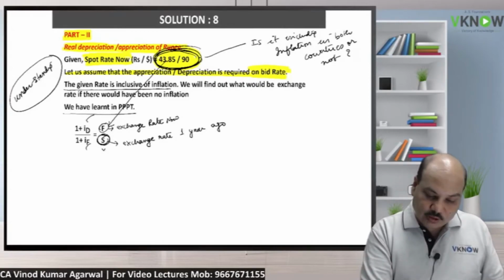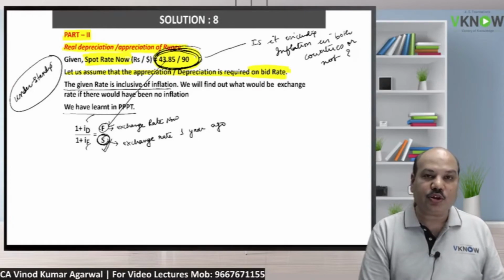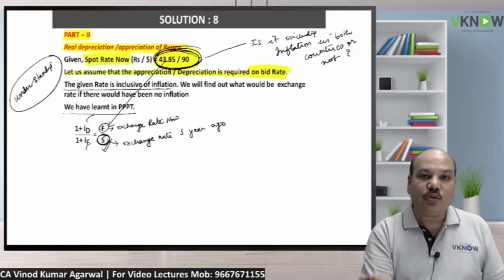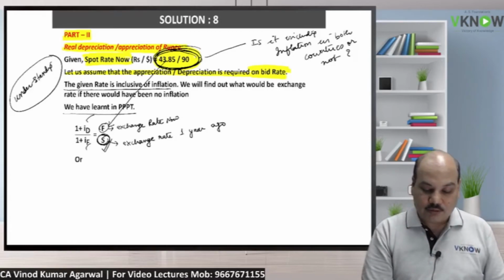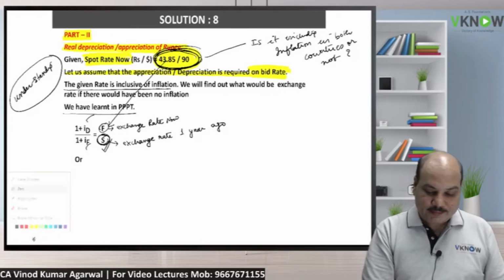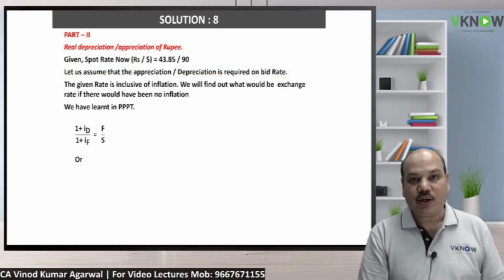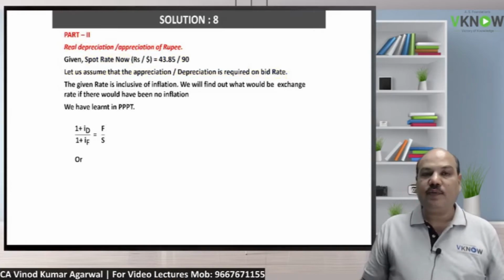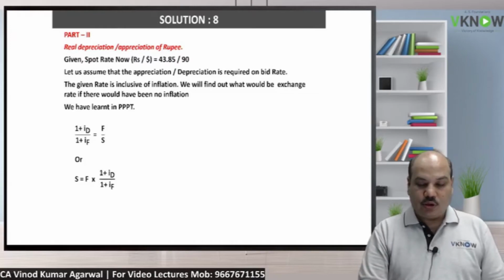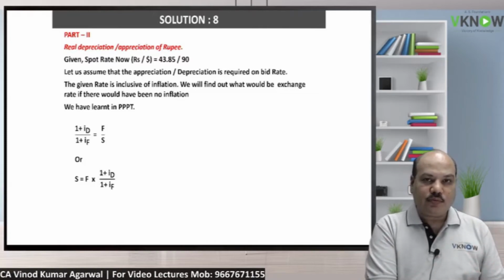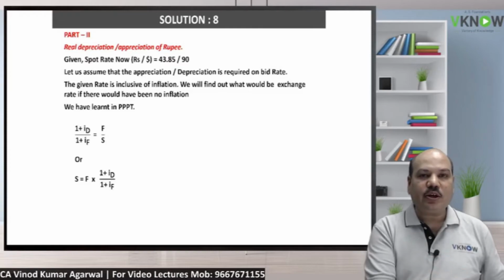I need to find out this figure in this equation that will give me the exchange rate without inflation. 1 plus id upon 1 plus if equal to f by s. So I need to find the value of s, that is if there was no inflation, how much should be the rate.